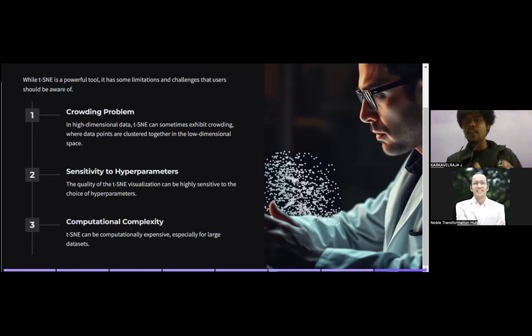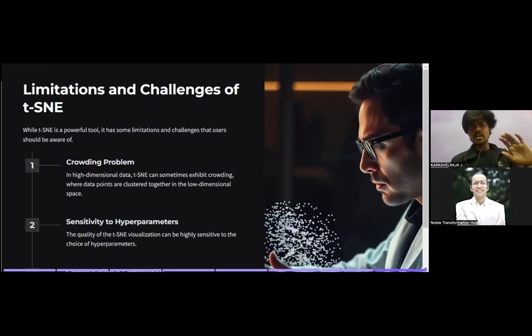For a larger data set with multiple columns and more records, it takes more computation and more time. So these are some of the challenges of t-SNE.